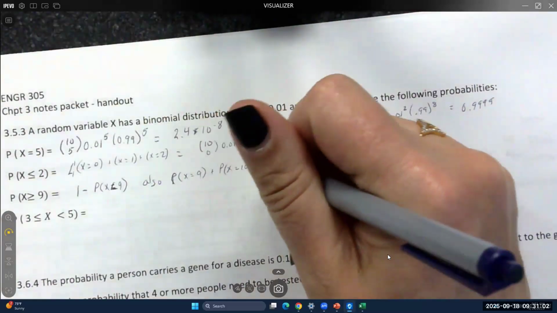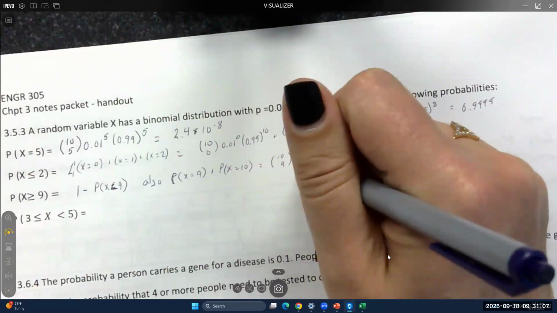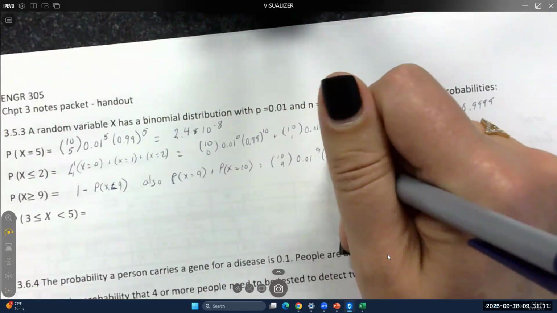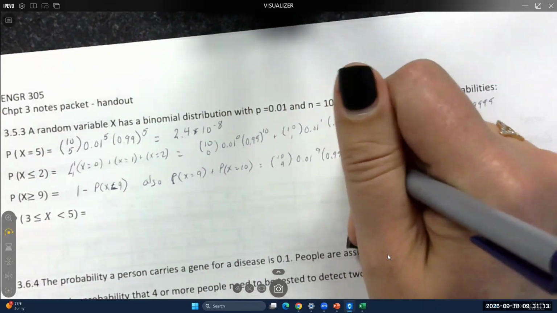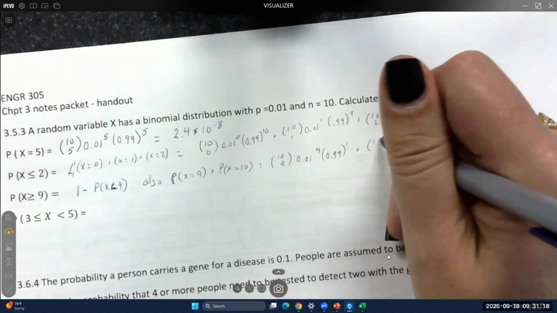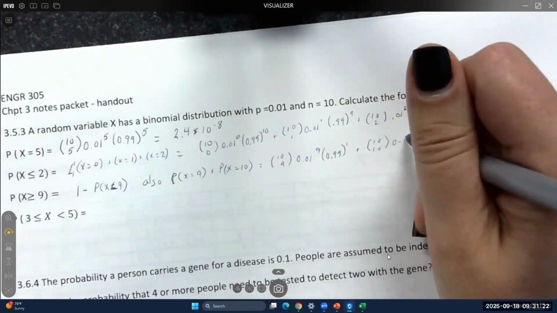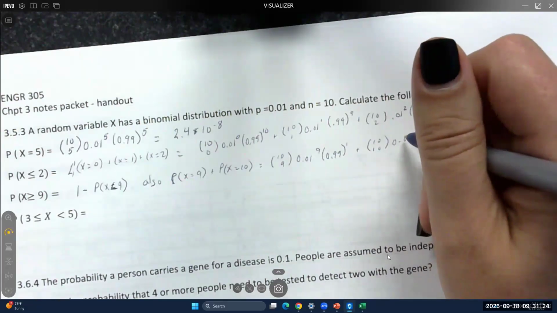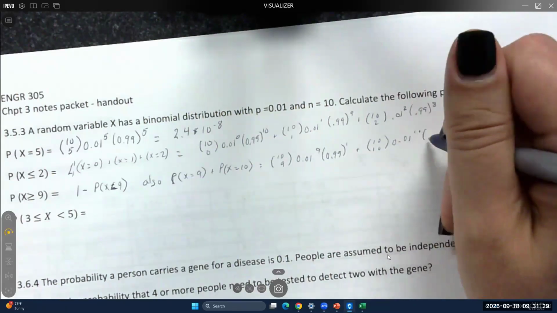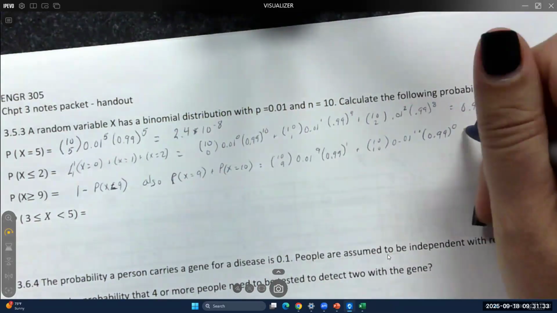So this is 10 choose 9, 0.01 to the 9th times 0.99 to the 1, plus 10 choose 10 times 0.01 to the 10 and 0.99 to the 0th power, which is equal to 1, as we remember.